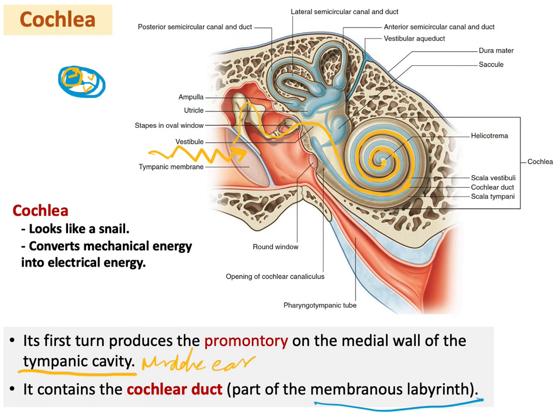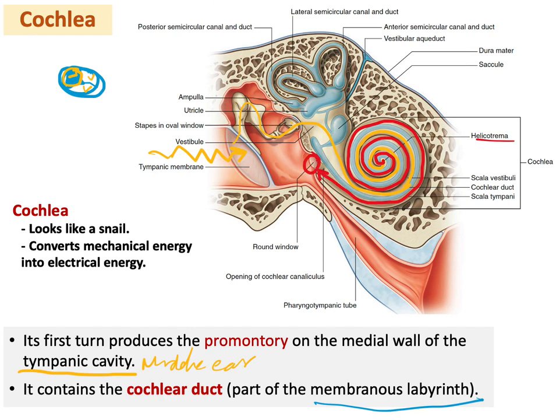Then at this point, now it has to return back. This is helicotrema, the point of meeting of scala vestibuli with scala tympani. Now back again, the vibration moves in the scala tympani, and ends here in the round window.